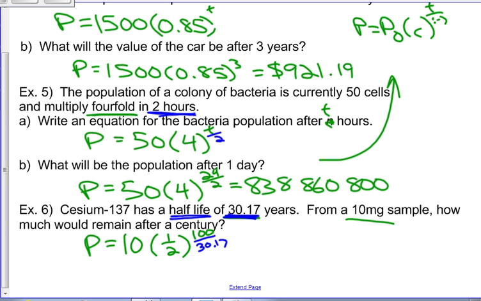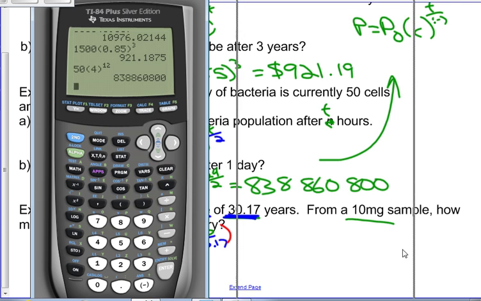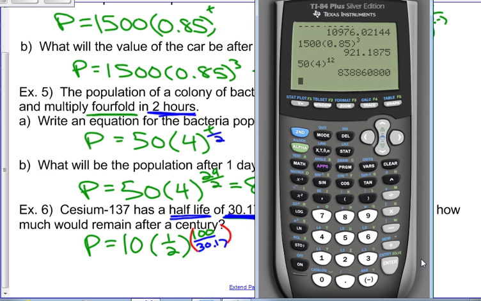When I put that in my calculator, I'll make sure I put my power in brackets. So it'll know to raise it to that power rather than raise it to just one of those numbers and then divide. So 10 times 0.5 to the power of, brackets, 100 divided by 30.17.